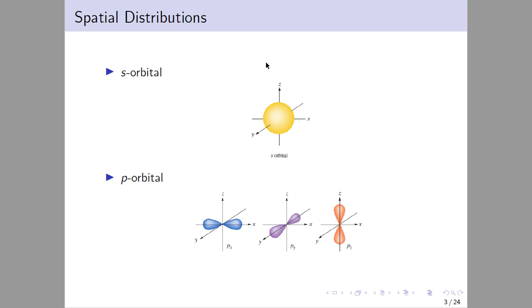As we know from your physics or chemistry, we have the s orbital and p orbital, and we also have d orbital and f orbital. Today we only see the s orbital and p orbital. These are the electron clouds, and this is also the property of finding the electron cloud in the x axis, y axis, and z axis.